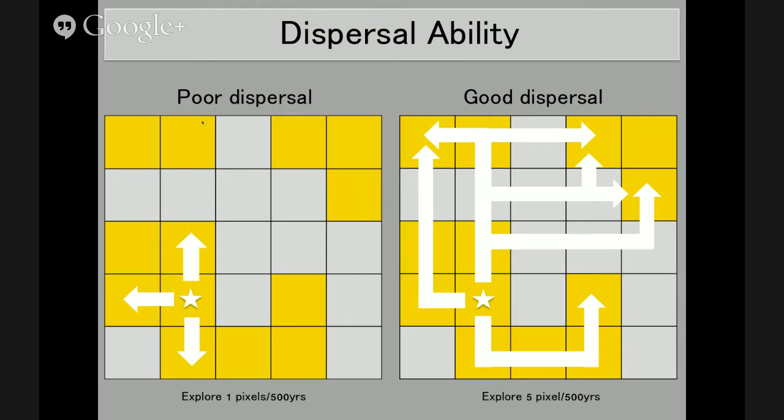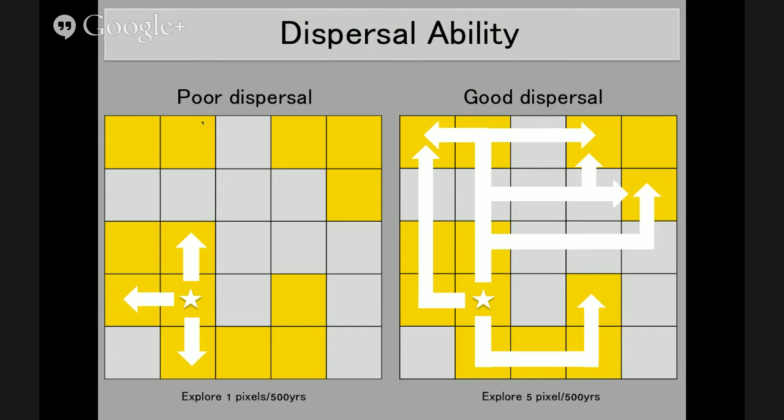We tested 2 dispersal abilities, poor and good, which were informed by average seed dispersal capacities in common tree species. Distance was measured in this framework using the Manhattan equation, which computes the length traveled from one data point to the other if a grid-like path is followed. Good dispersers could search up to 5 pixels every 500 years, whereas poor dispersers could only search 1 pixel every 500 years.